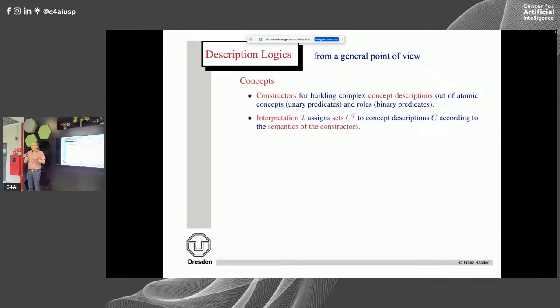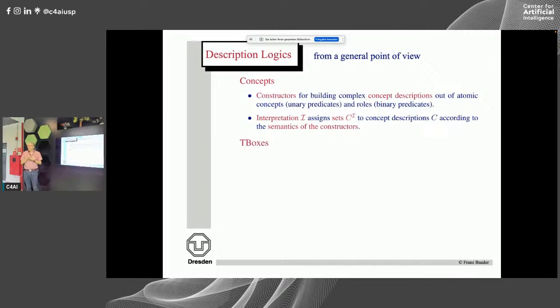Now at the moment, just remember, concepts are then interpreted as sets of objects. So if I have an interpretation of these symbols, a concept will be interpreted as a set of objects.